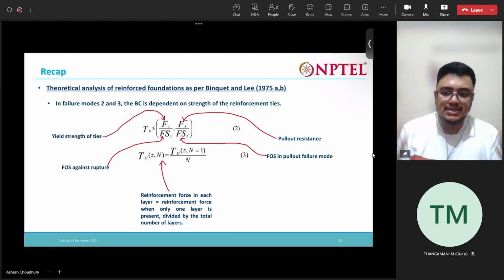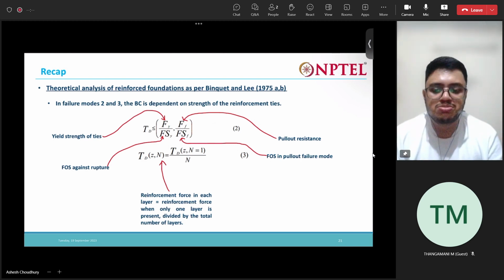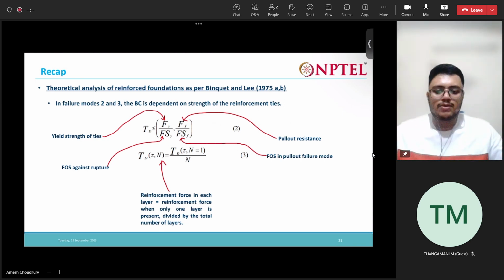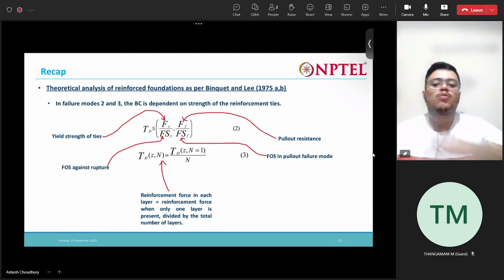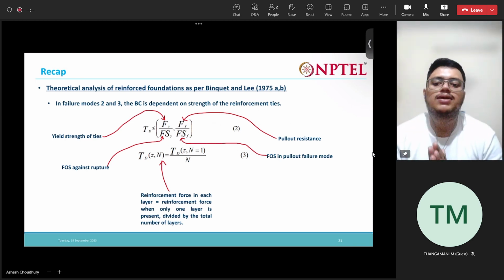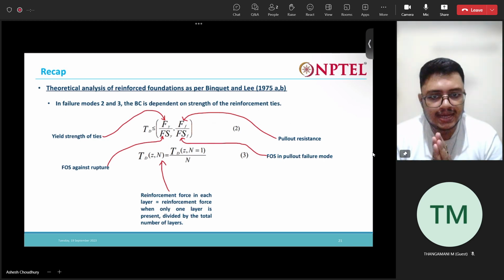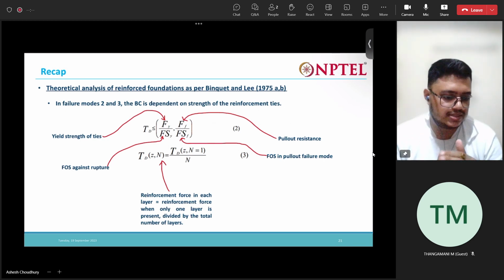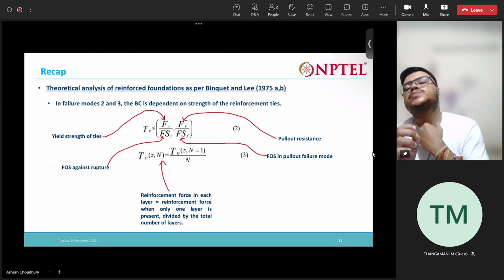What is TD? TD is the reinforcement force in each layer, that is, the reinforcement force in one layer. TD should always be less than or equal to the yield strength of the ties and the pull out resistance of the ties.